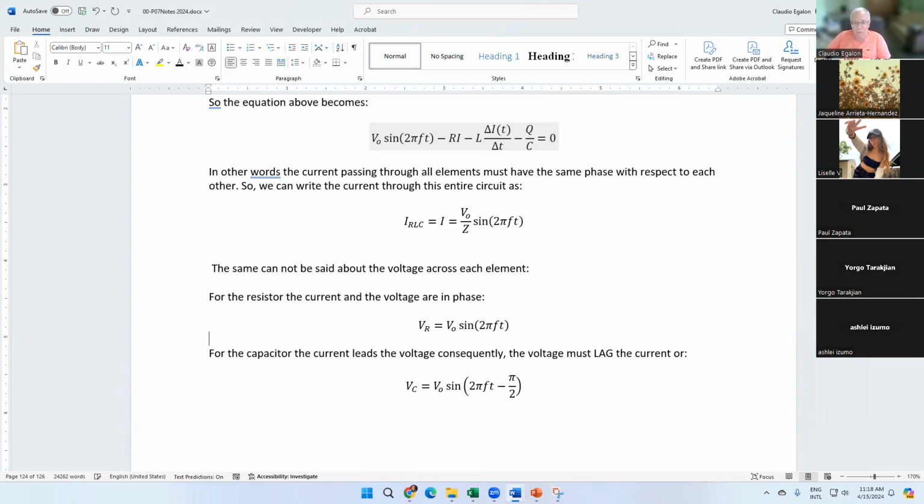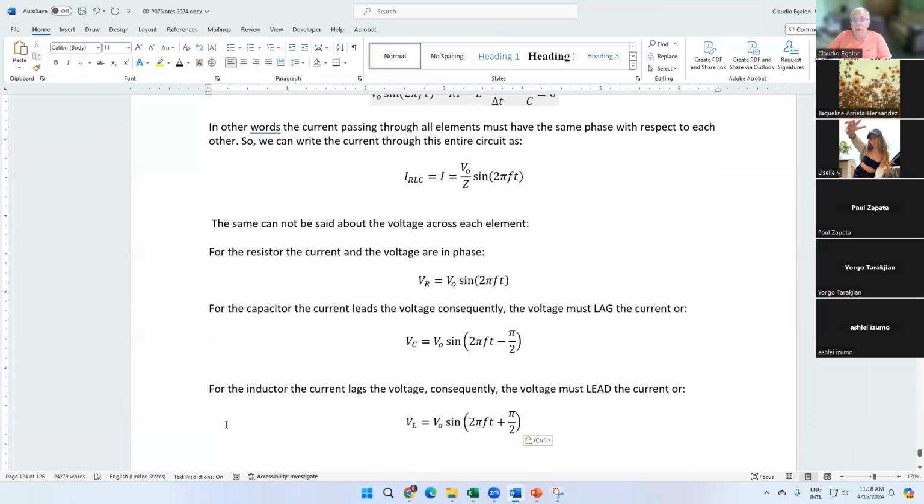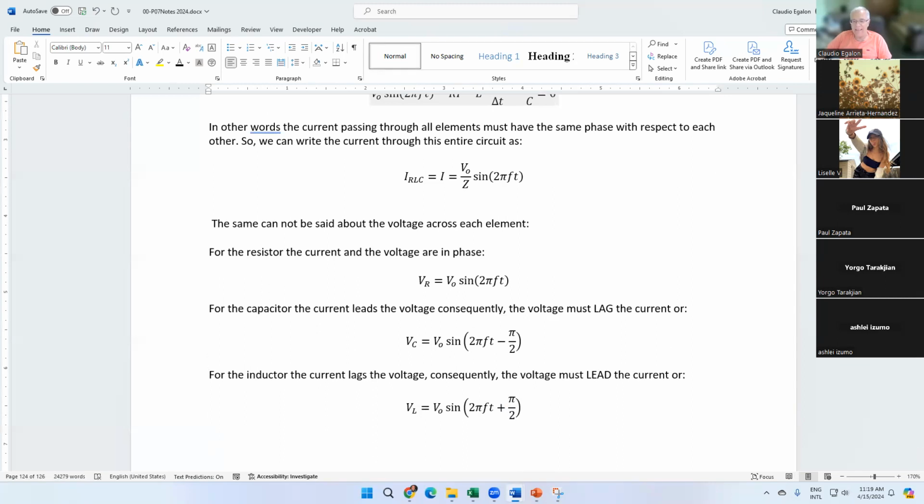That's why we had to do that treatment that we saw before. And the same reasoning applies to the inductor. If the current in the inductor lags the voltage in the inductor, then the voltage in the inductor must lead the current. Okay?